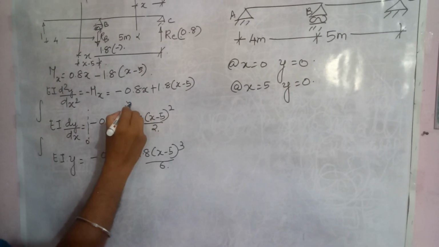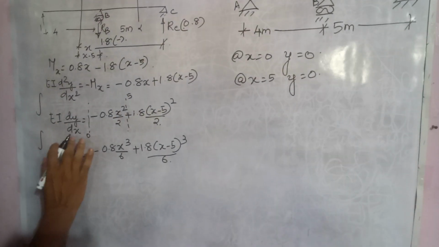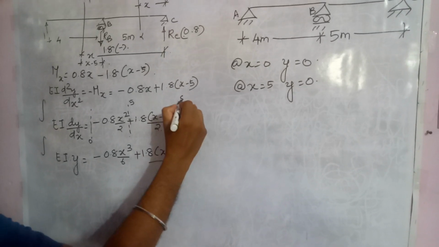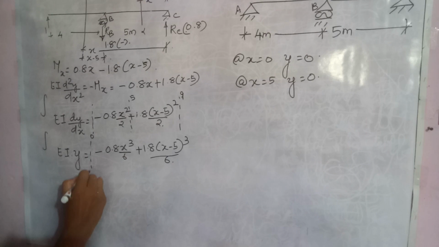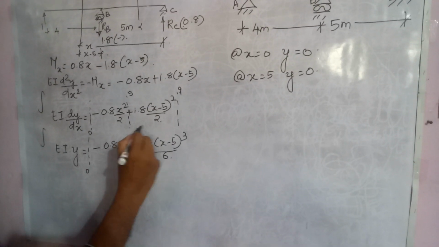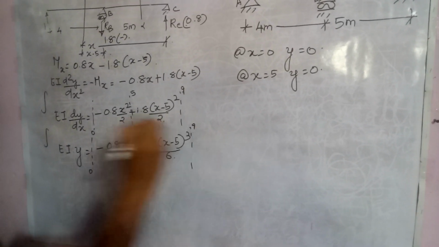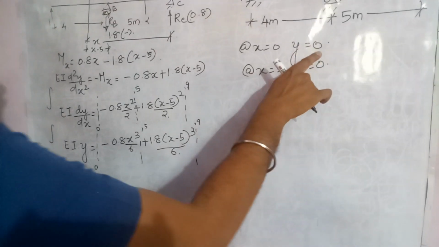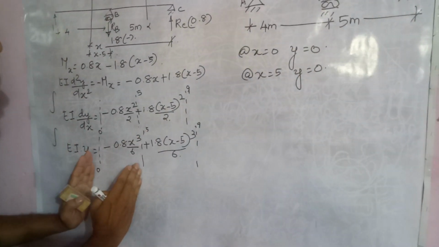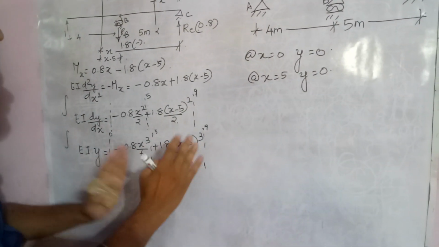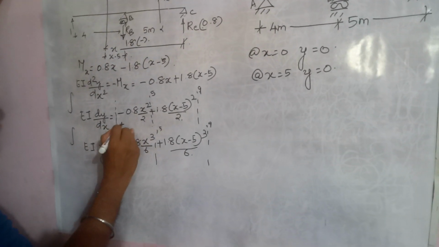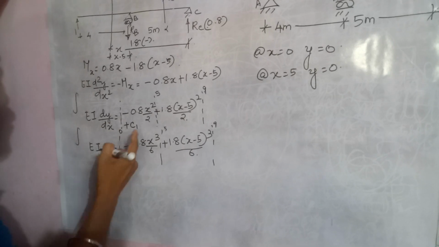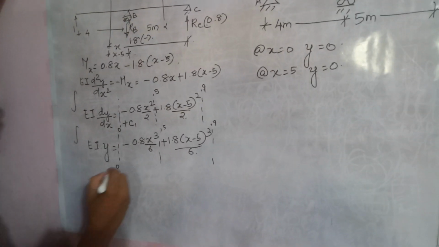From 0 to 5, this equation alone exists, and from 0 to 9, this complete set of equations exists. This is the 0 to 5 equation and this is the 0 to 9 equation. Since it is 0, only this equation exists and the other term does not exist. Since we are integrating, we also need to add the constant of integration C1 to the first part, due to the Macaulay method.